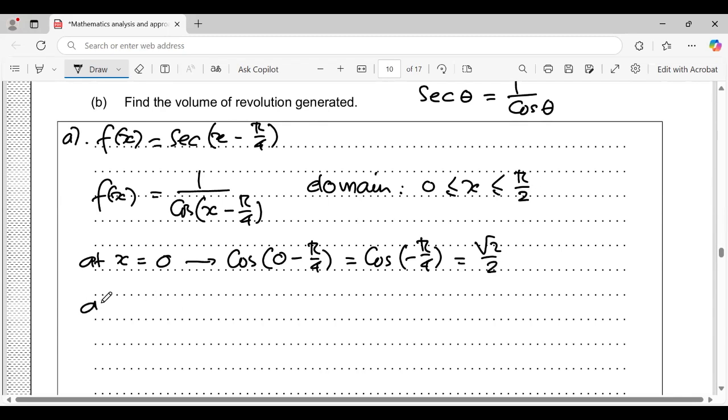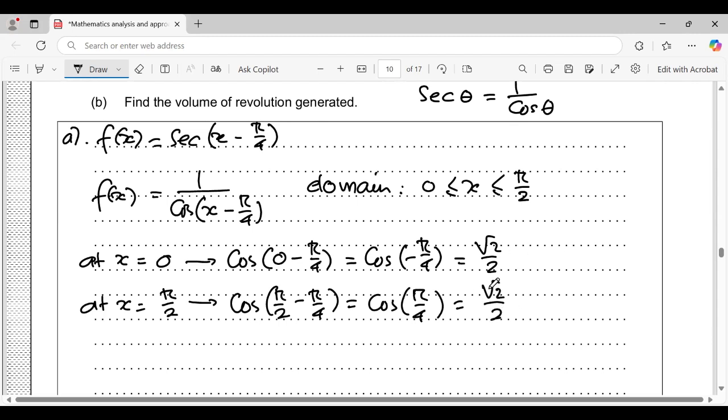And at x equal pi half, cosine of pi half minus pi quarter, it is 2 quarters minus 1 quarter, cosine of pi quarter, which is also equal to square root 2 over 2.